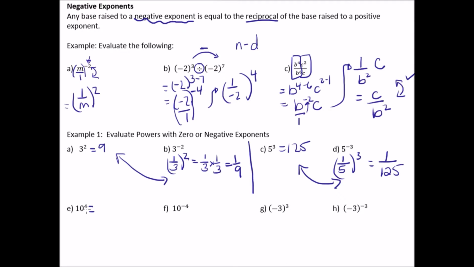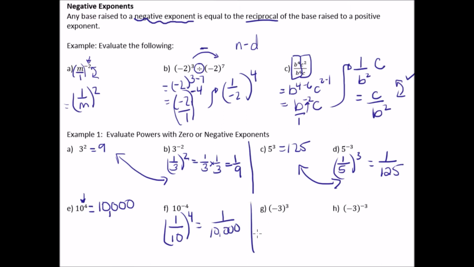Next, 10 to the 4. When I think of tens, I think of zeros. When we raise this to the 4, this is 10 times 10 times 10 times 10, so you multiplied it 4 times. The answer is 10,000. And for f, we flip the 10 and raise it to the 4, so it's 1 over 10,000.